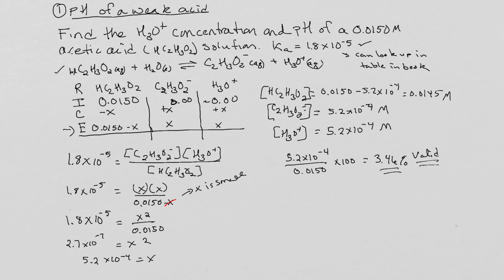We got one. Now, anytime we're doing these kinds of problems, what we have to understand is, unlike our normal equilibrium problems, where we're interested in everything, really all we're interested in here is the hydronium ion concentration, because that's what's going to allow us to calculate the pH.